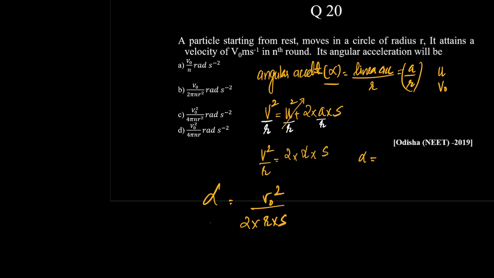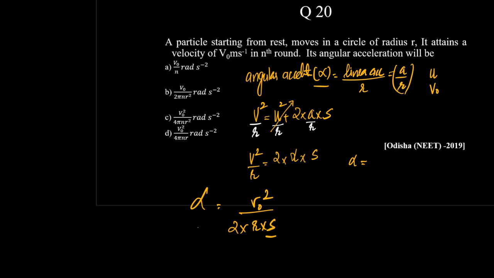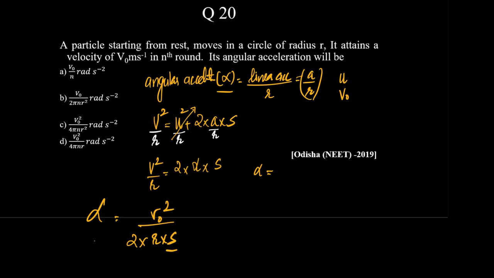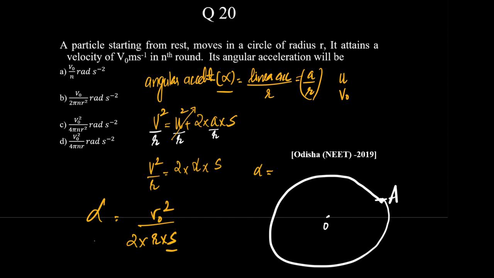Okay. So now we need to convert this s. See, what is s in the question? If there is a circular motion being executed, say for example this is a particle, and this is the center of the circle, and if a particle executes a circular motion here, if it starts from A, it travels like this, and like this, and if it eventually reaches A, one revolution is completed, right?